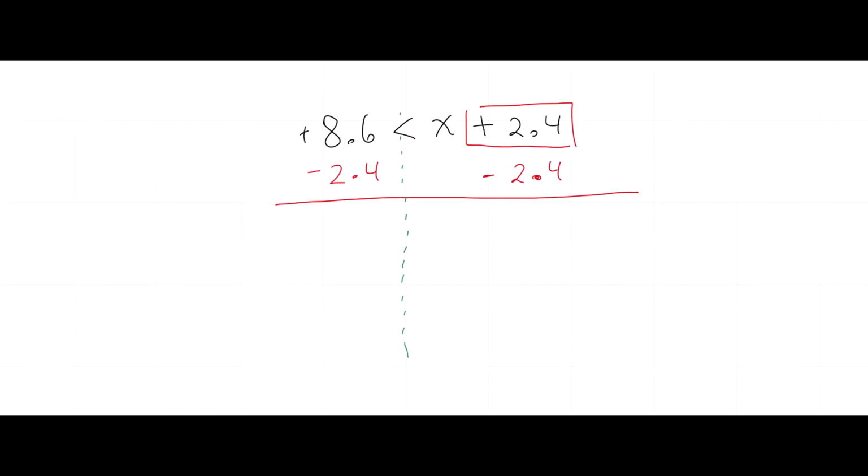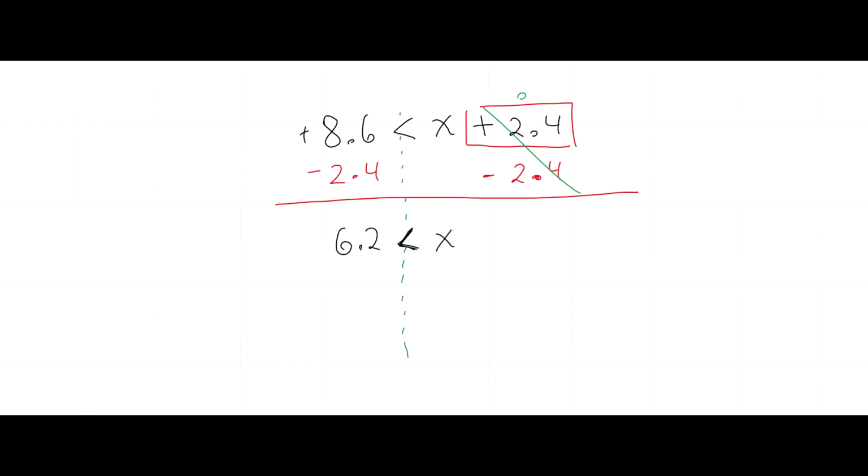Subtract these two numbers, you're going to have 6.2. Bring down the sign, which is less than. Bring down the x, and of course, you've got to cancel out these two numbers. So 6.2 less than x. Now, this is where you have to flip this answer.